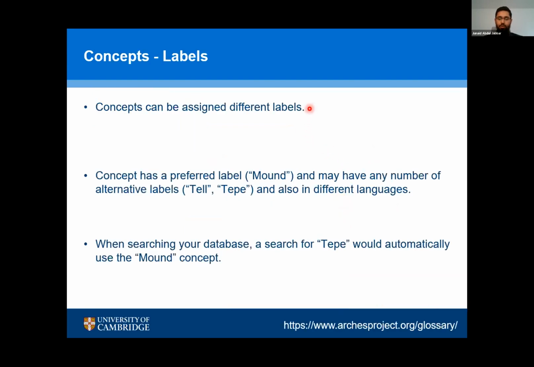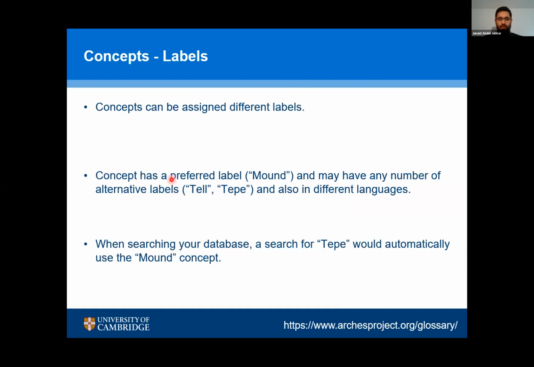Let's go into slightly more detail of other functionalities that Arches provides us in terms of concepts. So Arches allows us to define multiple labels for our concepts, so a concept can have a preferred label, or it can have many other alternate labels, and these could also be in different languages.